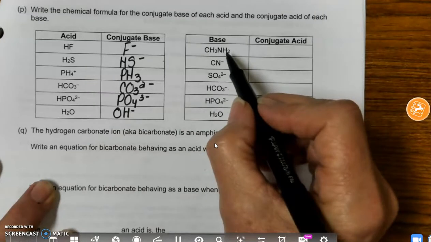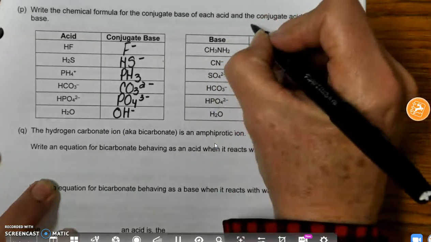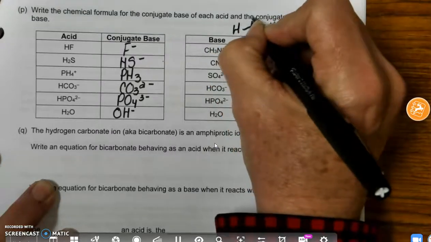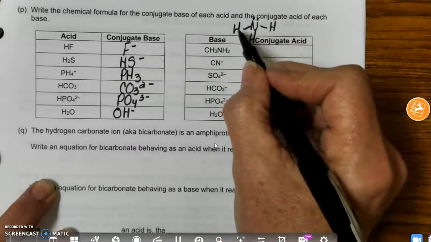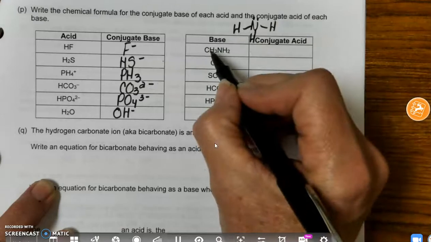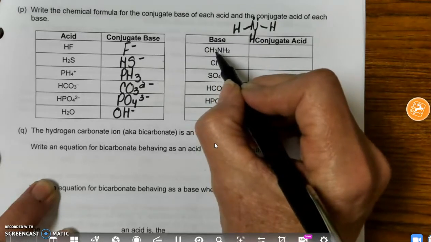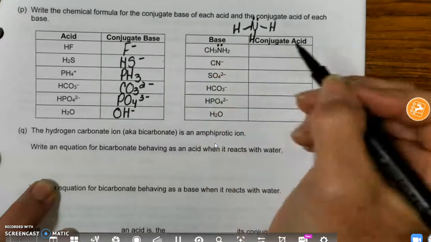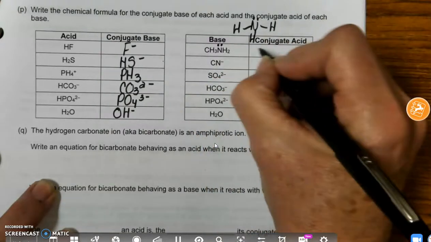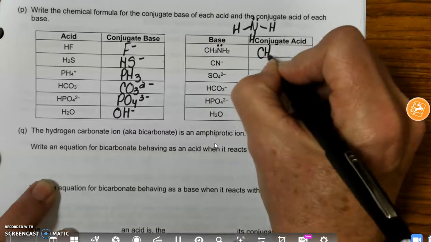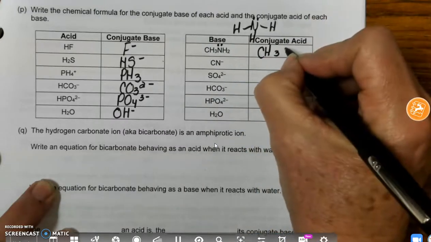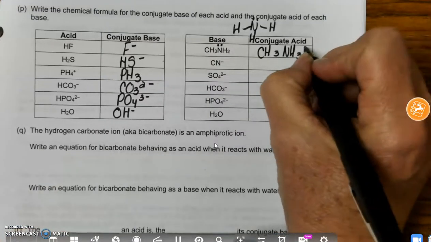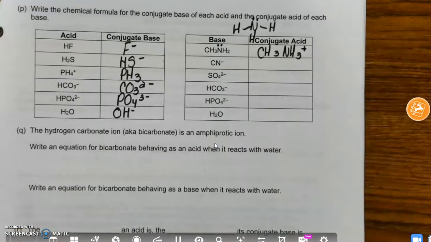Now again, this is a different kind of base. This is like taking ammonia, and you'll see these a lot, and I can replace one or all of these hydrogens with something else, and that's what I did here. I replaced one of my hydrogens with a methyl group, but my unshared pair of electrons is still there to pick up my proton, and now that's going to be positively charged.